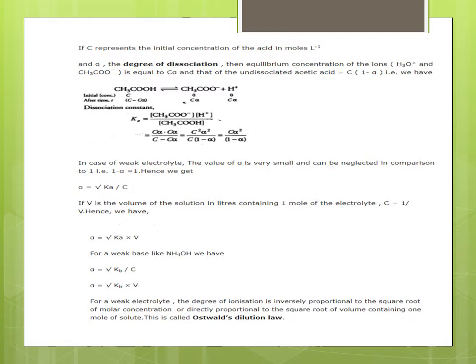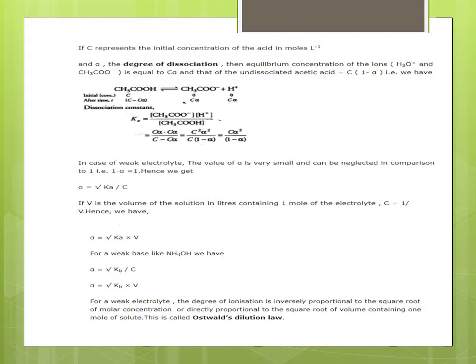Now write the expression for Ka and put all the values, then Ka will become C alpha square upon 1 minus alpha after rearrangement. In case of a weak electrolyte, the value of alpha is very small and can be neglected in comparison to 1, that is, 1 minus alpha is equal to 1. Hence, alpha is equal to under the root Ka upon C.